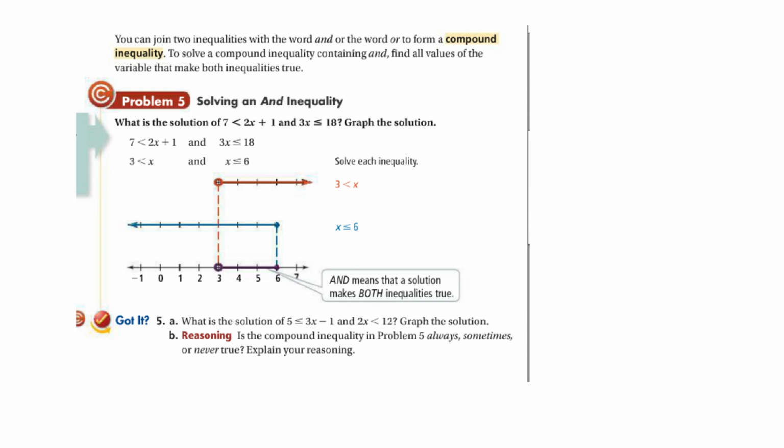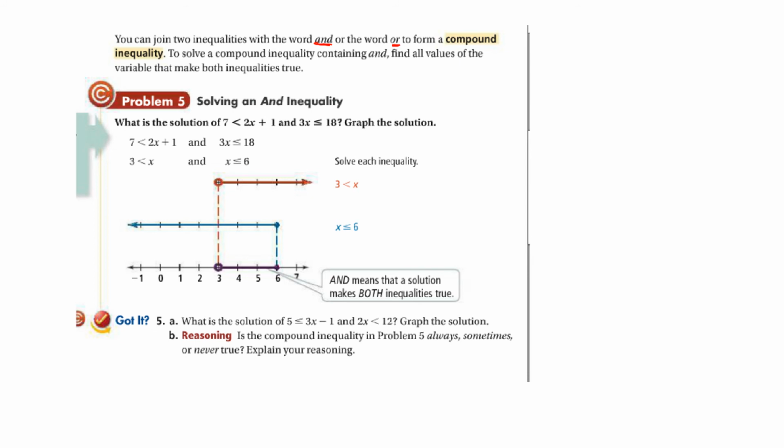Back in Algebra 1, we solved inequalities, and we also solved compound inequalities, which, if you remember, are two inequalities joined by the word and or by the word or.